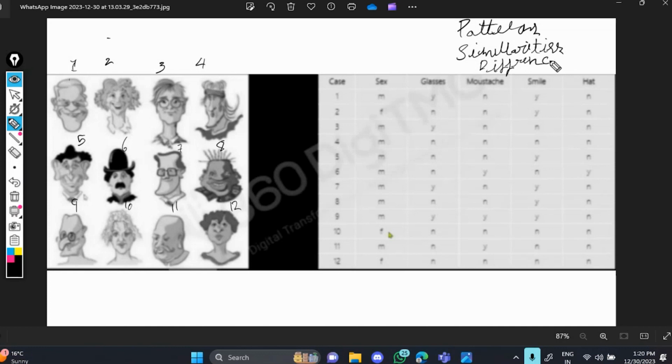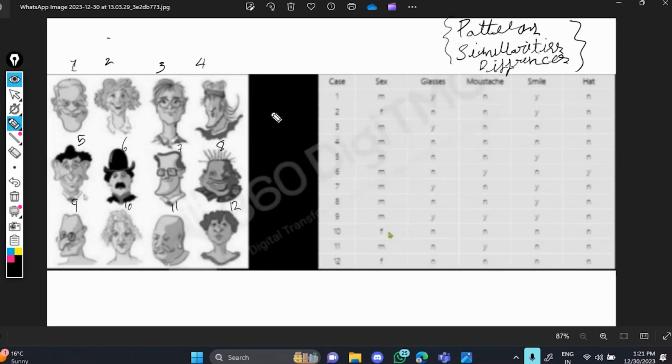So what we have to do here in clustering is cluster these faces. We have to make different clusters here. When we talked about clustering, we talked about the similarities between different things, the differences between the values or data.